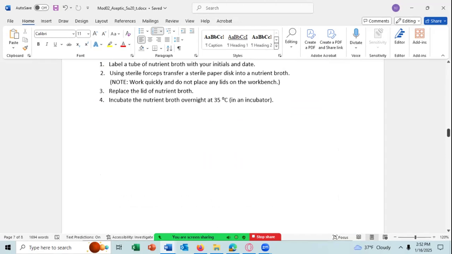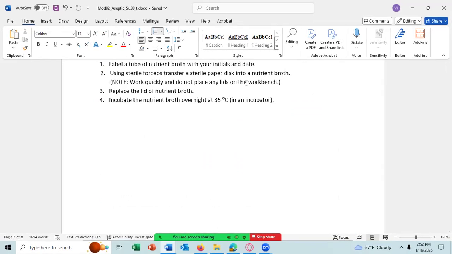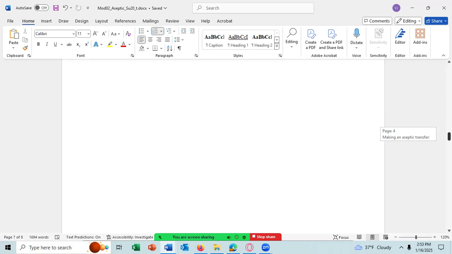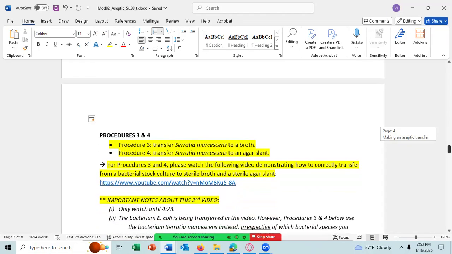What you do is you get your forceps and stick them in alcohol, and then you bring the alcohol-covered forceps to the Bechtel incinerator and light the alcohol. And then go and pick up the paper disc, and then add it to your tube of media.